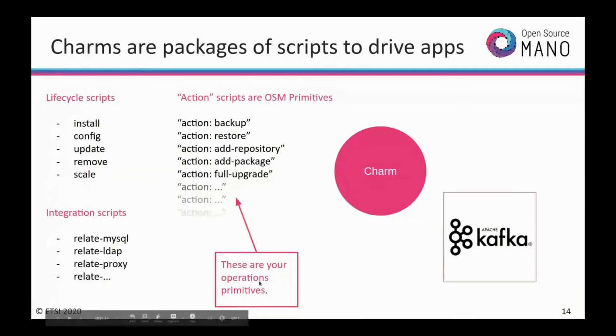So there's nothing magical or hidden going on with what charms are. They're just simply scripts. And to mention, one of these actions here could be run an Ansible playbook. So Ansible is brought in and will be managed the same way as other charms are done.